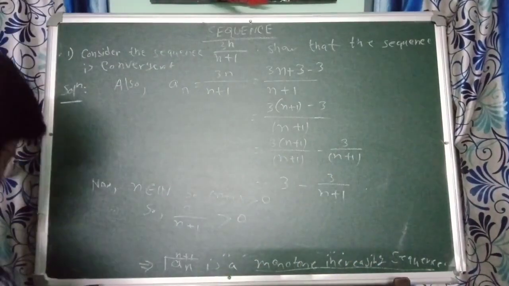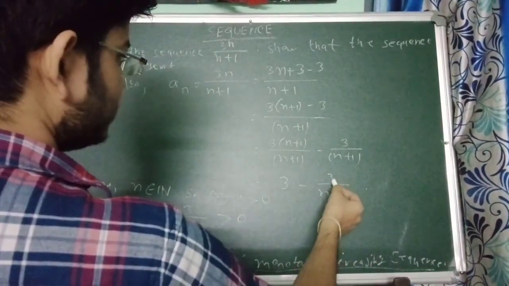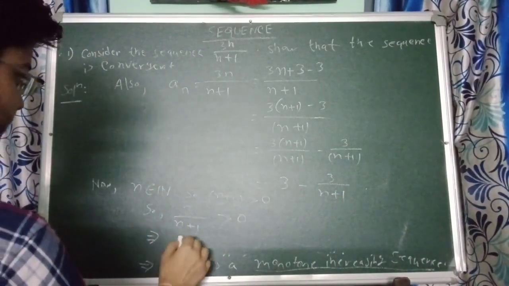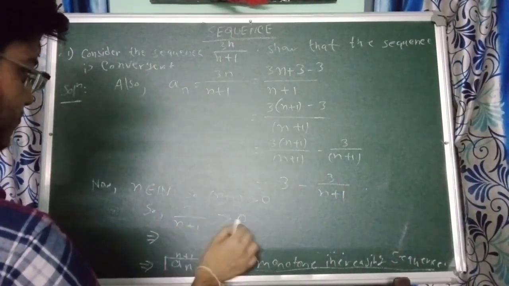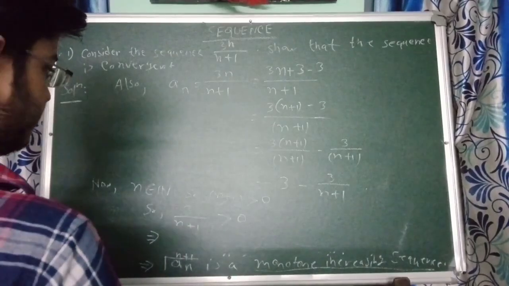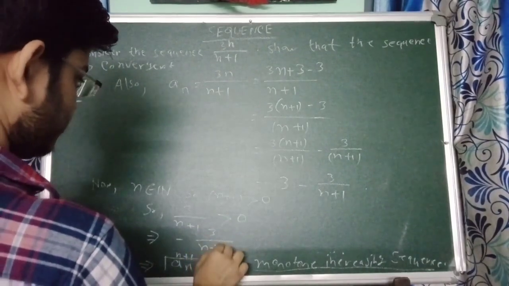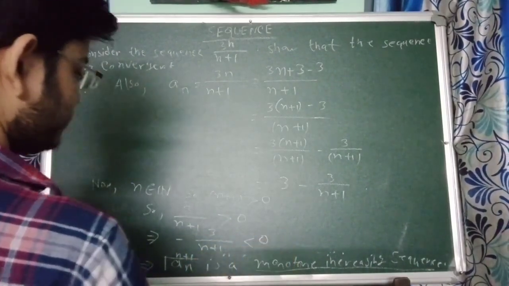If we multiply both sides of the inequality by minus, then we have minus 3 divided by n plus 1 is less than 0.